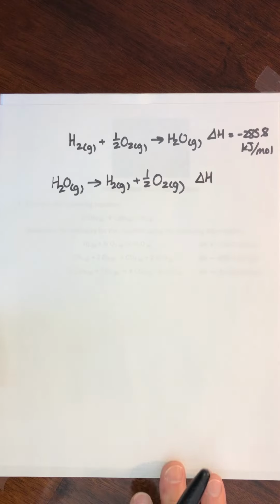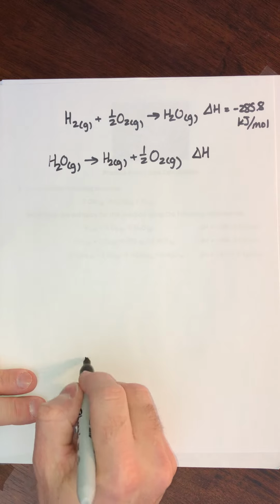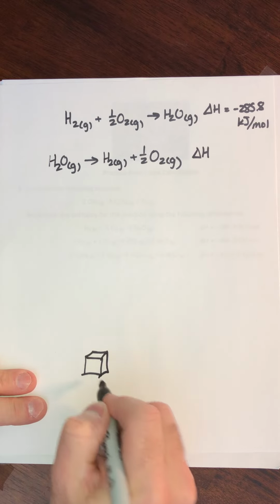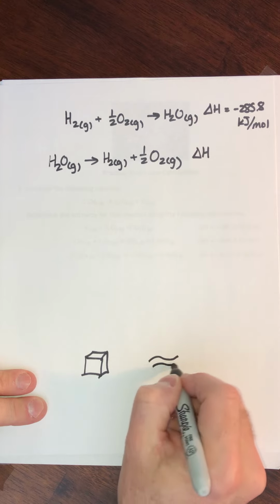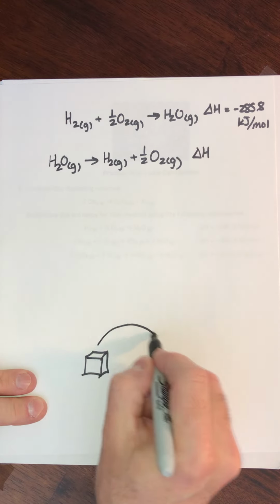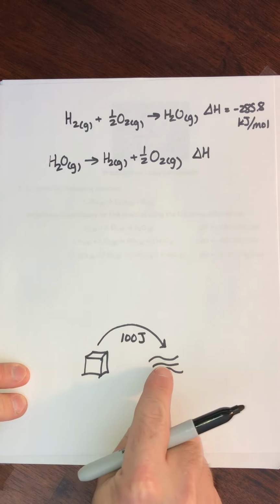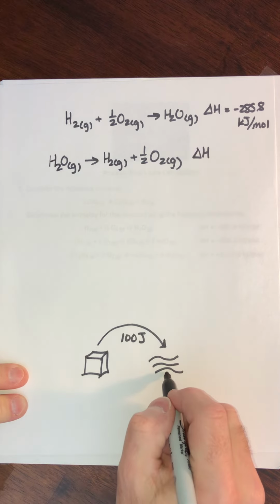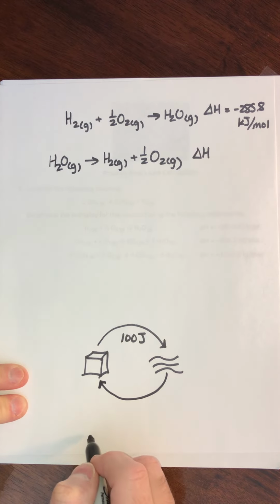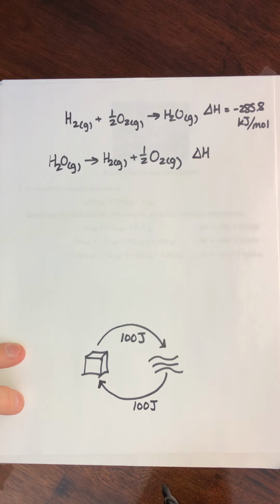Okay, so let's say we talk about ice for a minute. If you have a cube of ice and you are going to put heat into that ice cube to turn it into water, so let's say that you had to add 100 joules of heat to turn the ice cube into water. Well, if you want to reverse the process, turn that water back into ice, it kind of makes sense that you'd have to remove the exact same amount of heat.